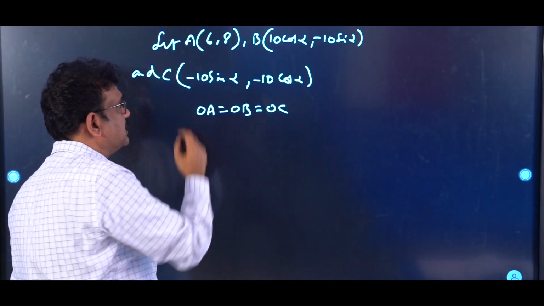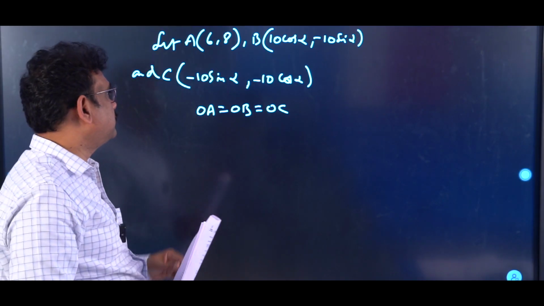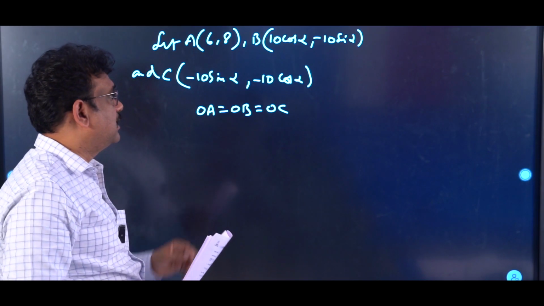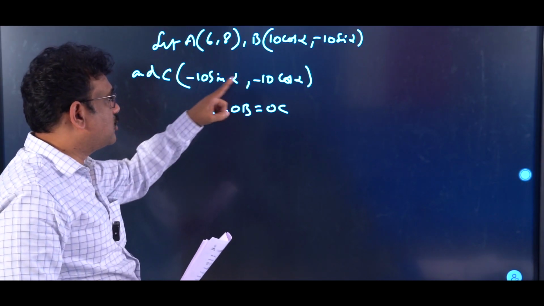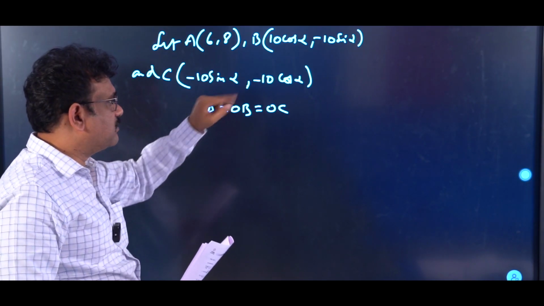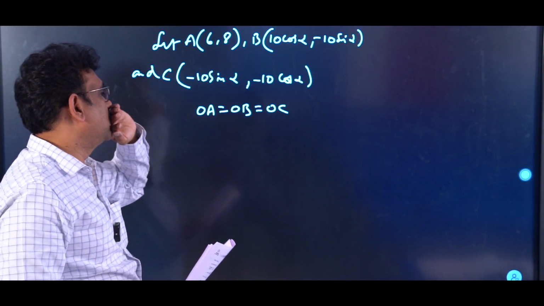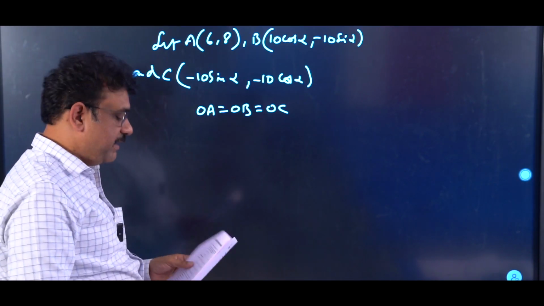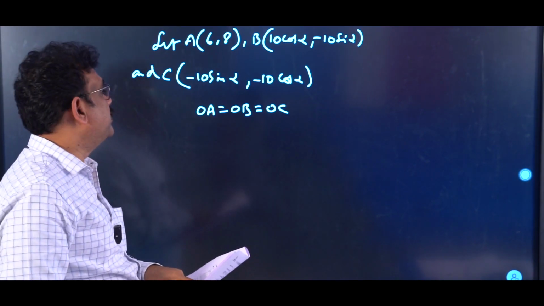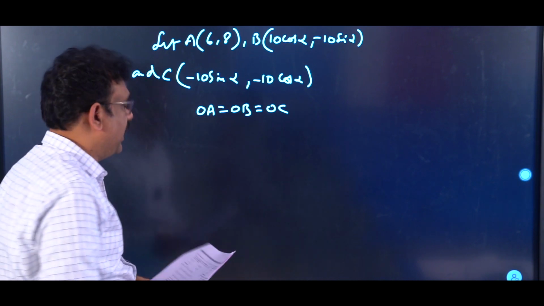Now, what is the centroid of triangle? Centroid of triangle is (x1 plus x2 plus x3 by 3, y1 plus y2 plus y3 by 3). Next, given orthocenter is (0, 9).